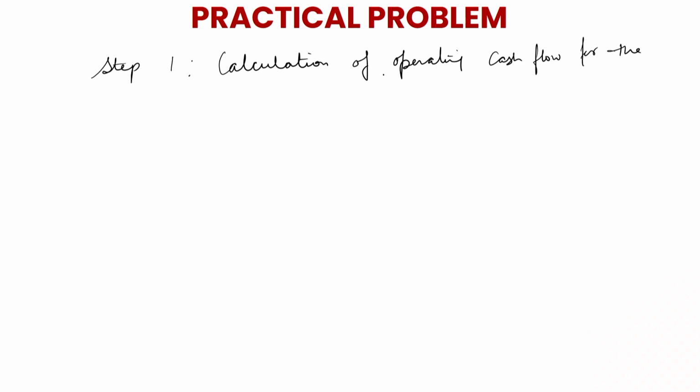So to start with, we start with step 1. This step 1 is calculation of operating cash flow for the forecast period.